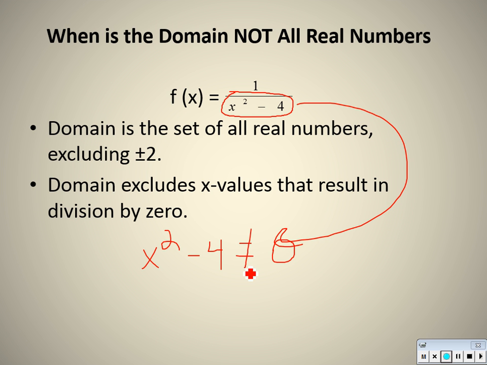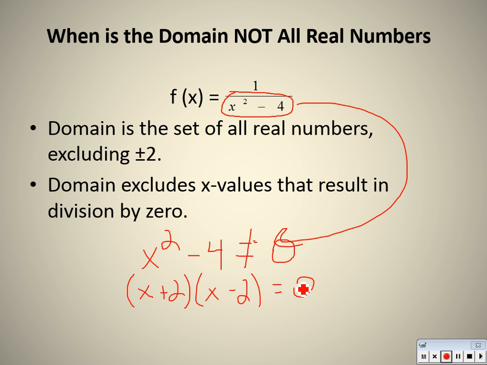So what I want to know is what values I am going to exclude from the domain in order to make it so the denominator doesn't equal 0. If I go to solve this, notice x squared minus 4 is a difference of two squares, so I can factor this. This would be x plus 2 and x minus 2.